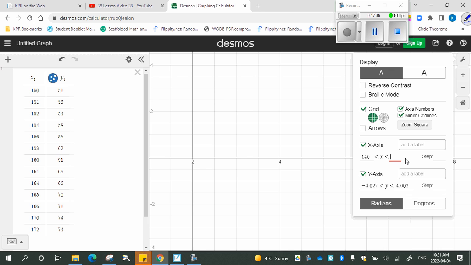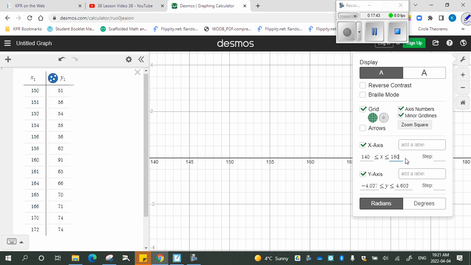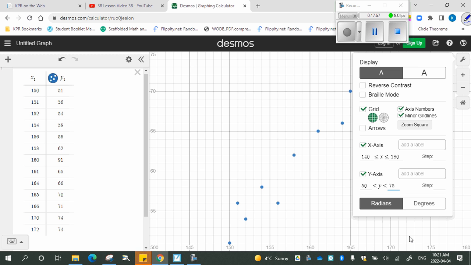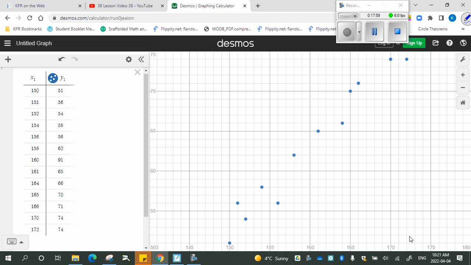Yep, 172. Biggest x, 172, so I'll go up to 180. What's the smallest y value we have? 51, so I'll start at 50. And what's the biggest y value we have? 74, so I'll go to 75. And now when you click off of that, you can see your whole scatter plot.